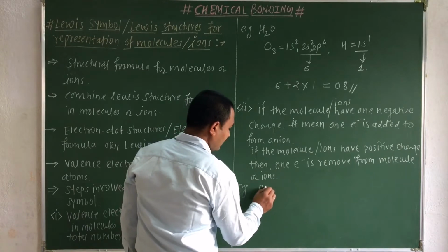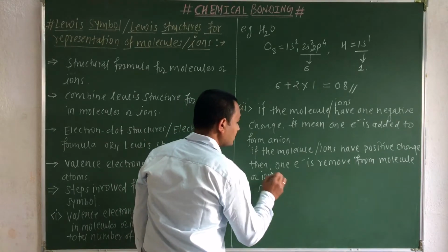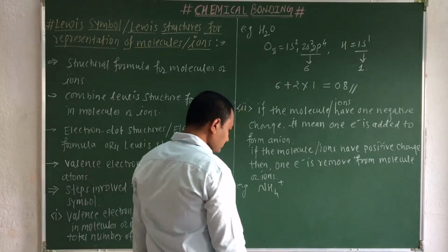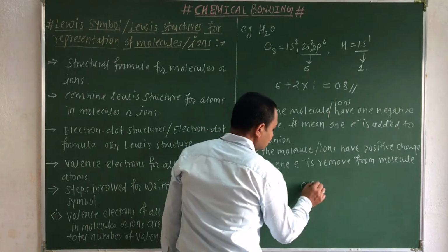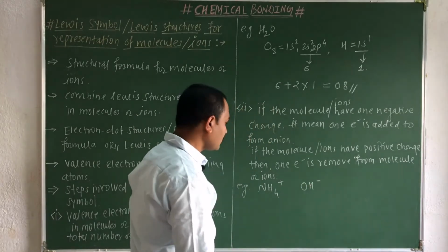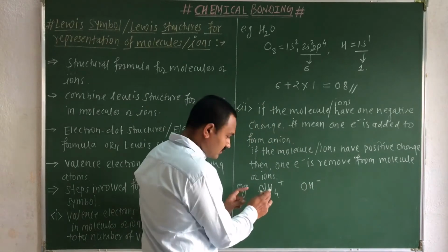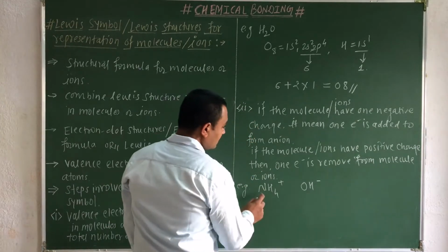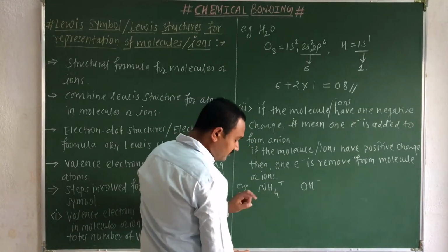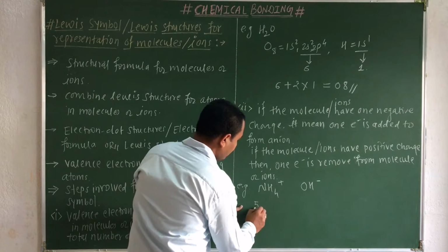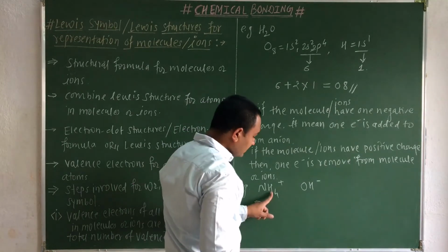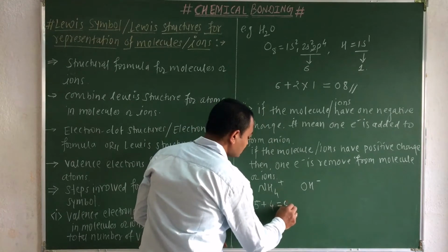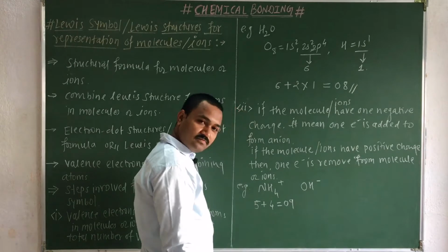For example, if I am going to consider the NH4+ ion, the ammonium ion, and let us consider the OH- ion. Now here we have to find out the total number of valence electrons. Nitrogen has 5 valence electrons, plus each hydrogen atom has 1 valence electron, so 4 hydrogens have 4 valence electrons. So the total valence electrons will be equal to 9.